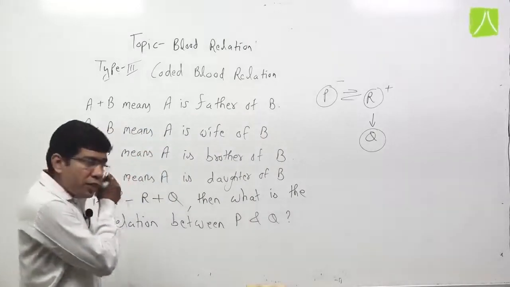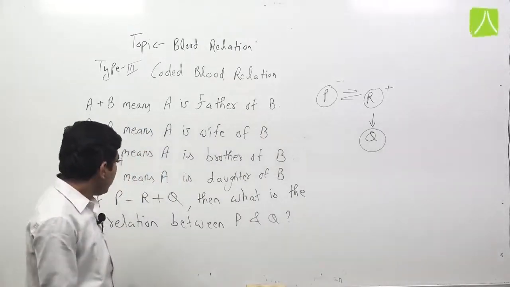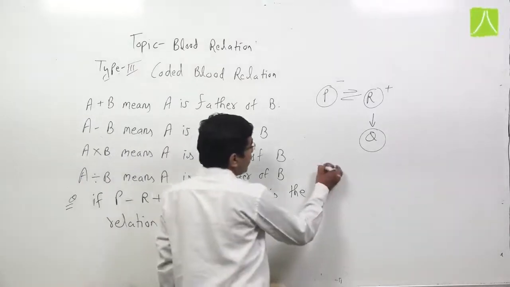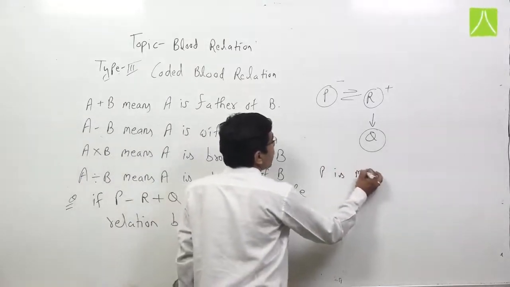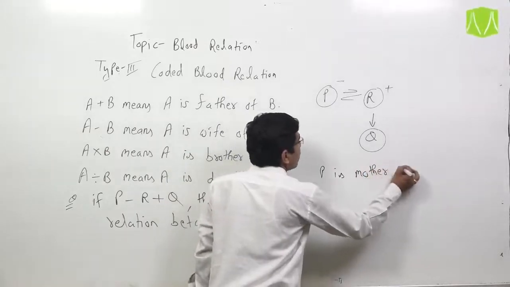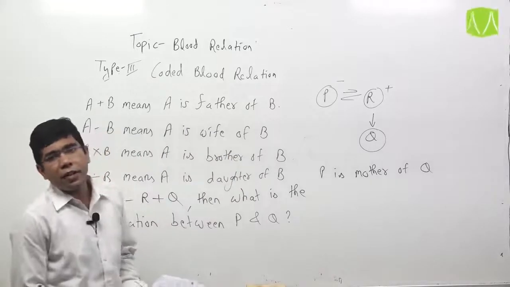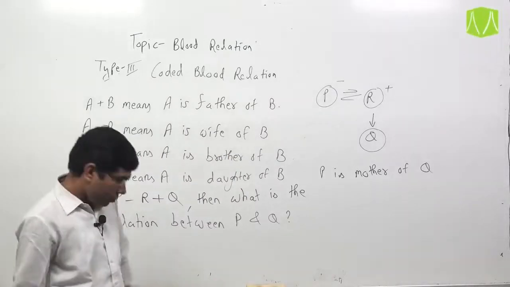According to this diagram, what is the relation between P and Q? We can easily say P is mother of Q. This relation can be determined with the help of this diagram.